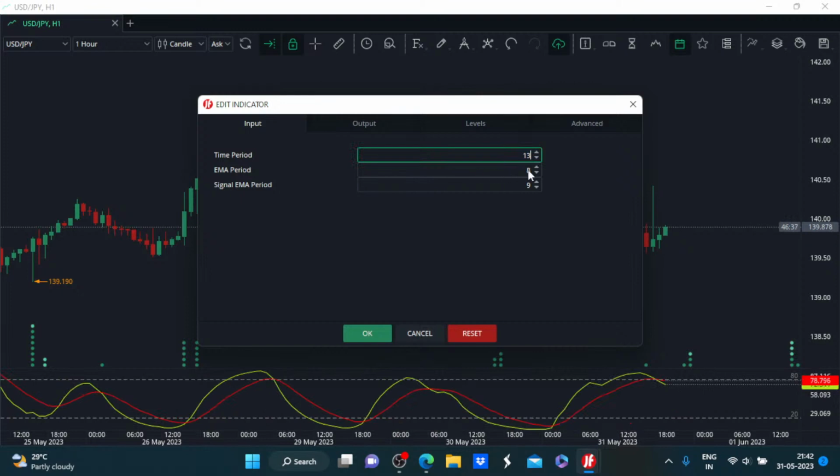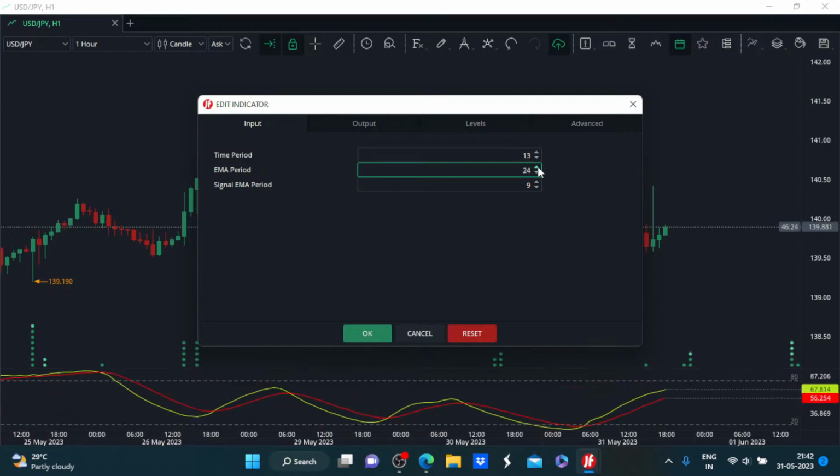EMA period 8, we have this another option of varying the EMA period. If we feel like we can increase or decrease it, let us try out 24. 24 stands for a day, and with that we have a lot more smoothing in place.